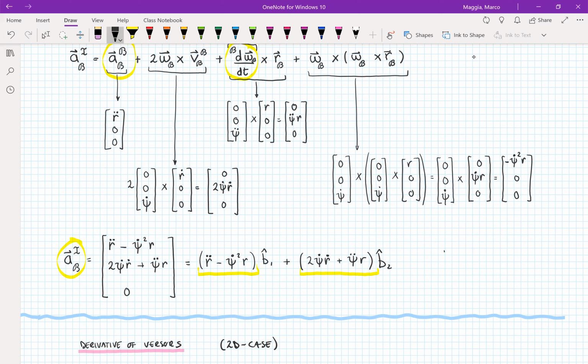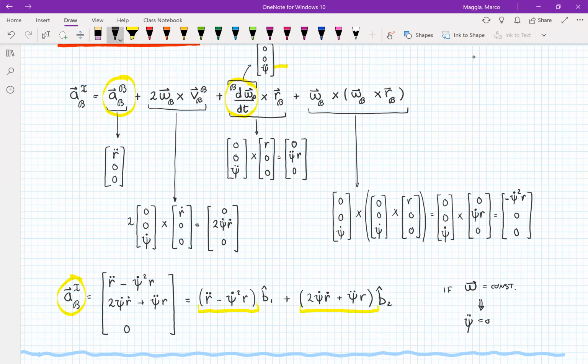So if omega was constant, then this would mean that omega dot would be 0, or in other terms, you wouldn't have this term over here, which in the end is like putting psi double dot equals 0.